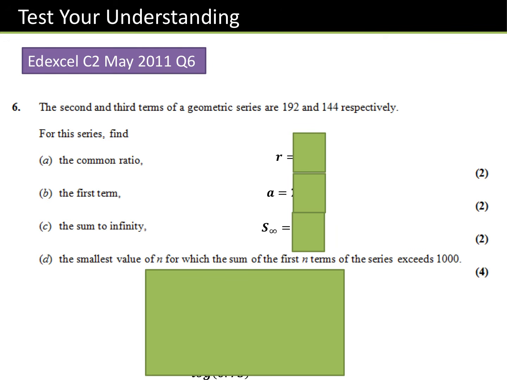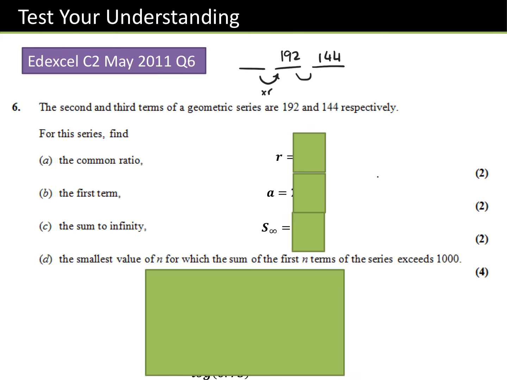The second and third term of a geometric series are 192 and 144 respectively. For this series, find the common ratio. So we know the second, so if we have first, second, third, we know this is 192, this is 144. How do we get from the first to the second?